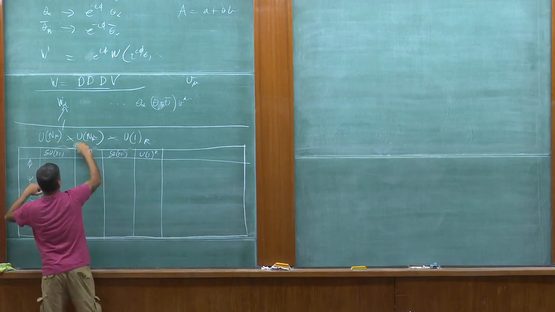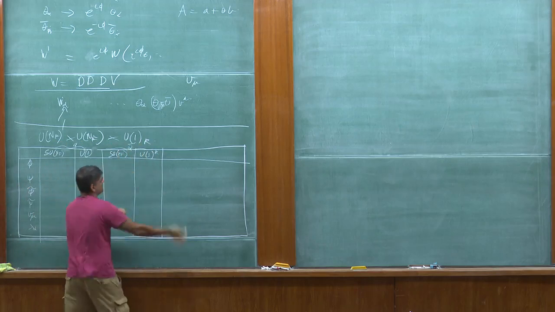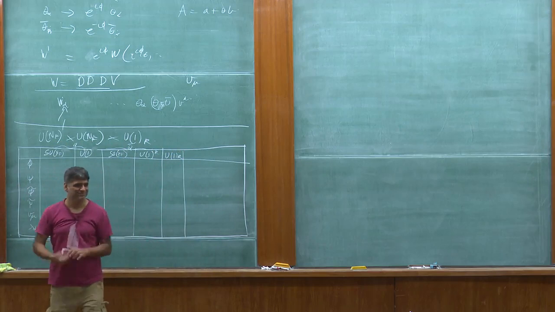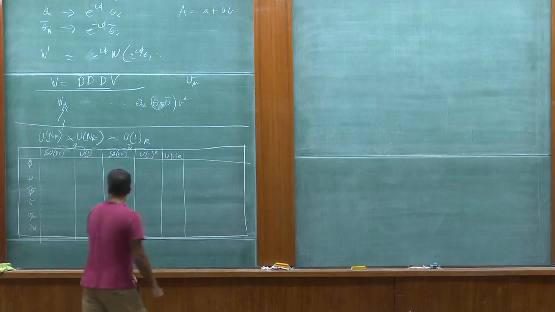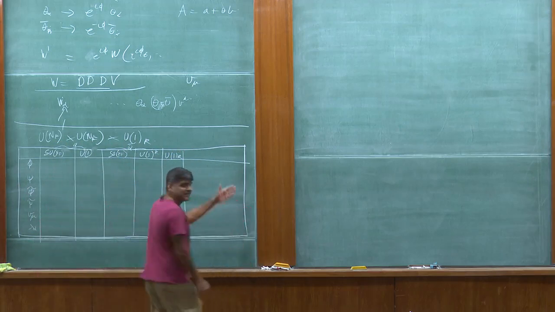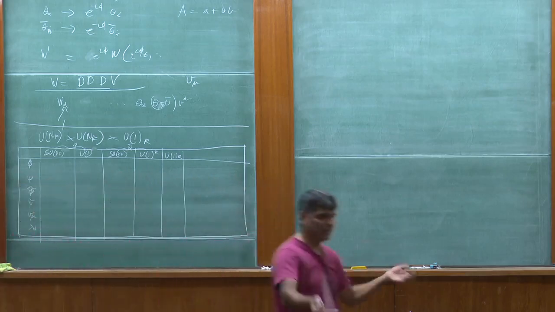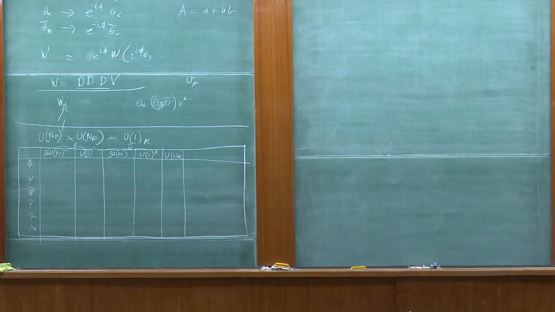These guys act on the Q's and these guys act on the Q bars. Then there's U(1), we'll call it R. That's the bunch of symmetries we have. I've broken up the U(N_F) into SU(N_F) times U(1) for reasons that will become clear.